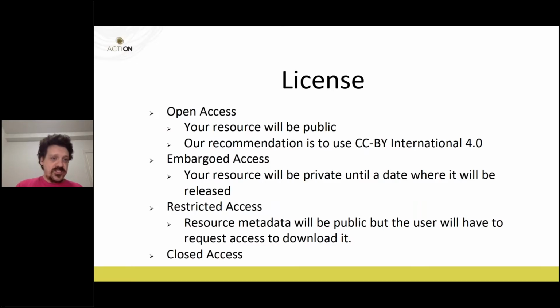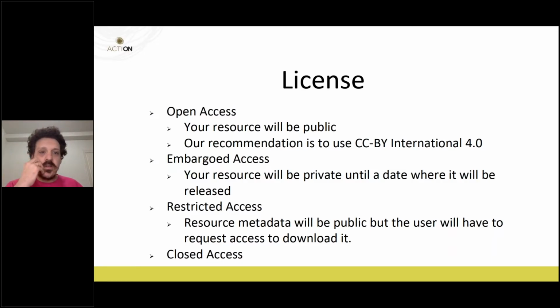Another part, license, very important. There are 4 different kinds of licenses in Zenodo. First is licensing related to open access. If you use one of these licenses, your resource will be public. Everybody can find it, access it, and download it.